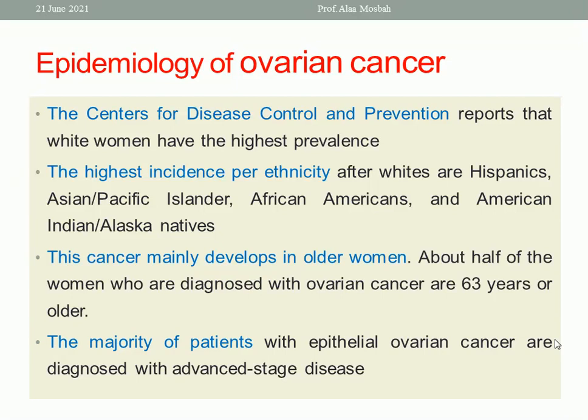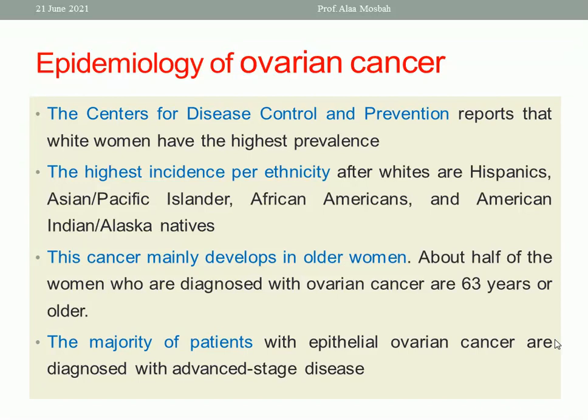The CDC reports that white women have the highest prevalence and the highest incidence per ethnicity. After whites are Hispanics, Asian Pacific Islanders, African Americans, and the American Indian Alaska Natives.